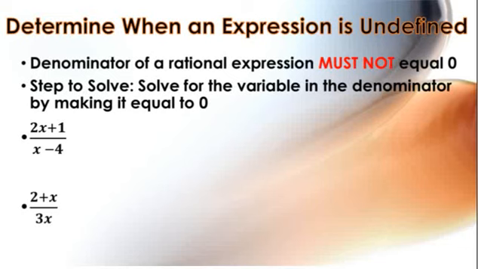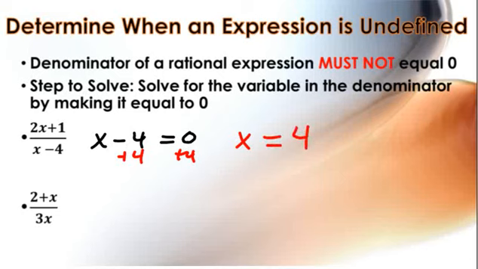Next one, determine some more expressions. Find out what the variable needs to equal for it to be undefined. So I take my denominator, x minus 4, set it equal to 0, and then we solve. Add 4 to both sides. So this expression is undefined when x is a positive 4.